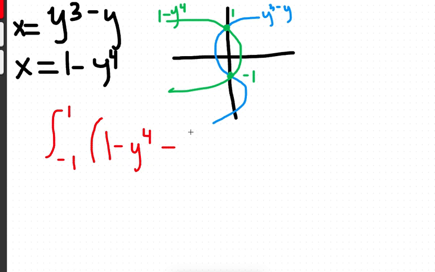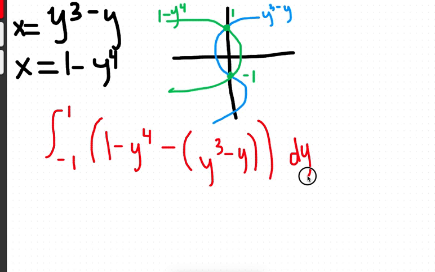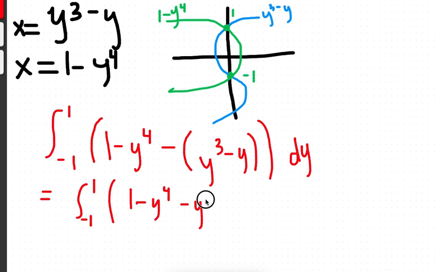And then you're going to take the leftmost function, which is y cubed minus y, and you're going to integrate that. So you're just going to simplify this. Once I simplify it, you will get the integral of 1 minus y to the 4 minus y cubed plus y dy.